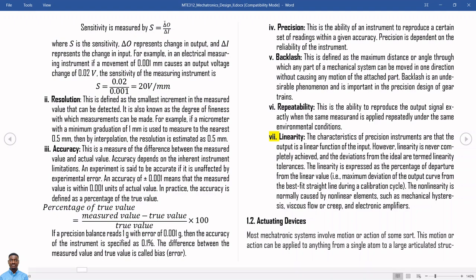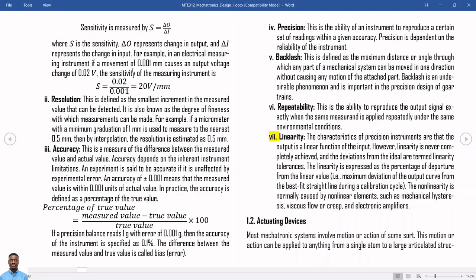So the output you'll be having in most cases are voltage changes. So in this case now, we have an electrical measuring instrument that senses a change of 0.001 mm, and that change causes an output change in voltage of 0.02 volts.